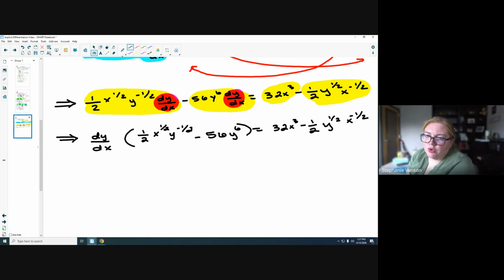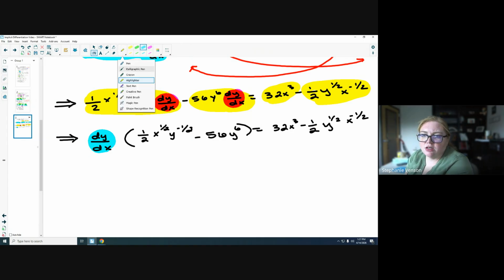And then you know the drill by now. Once we get dy dx by itself, you're just dividing both sides by whatever's in these parentheses.